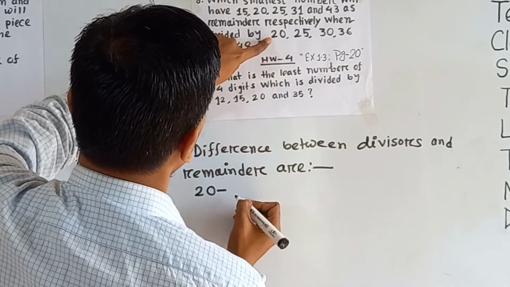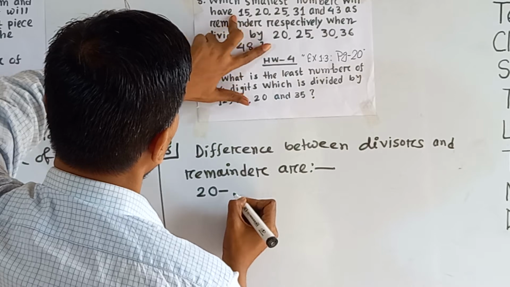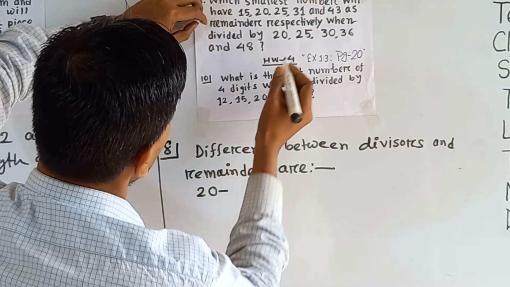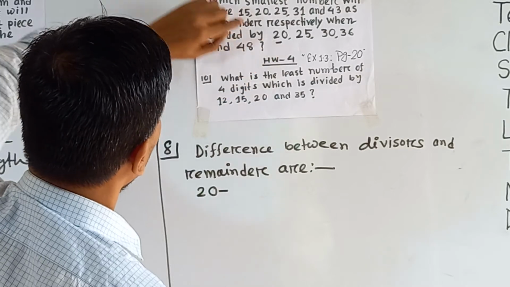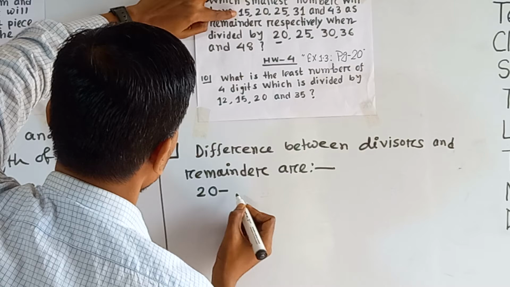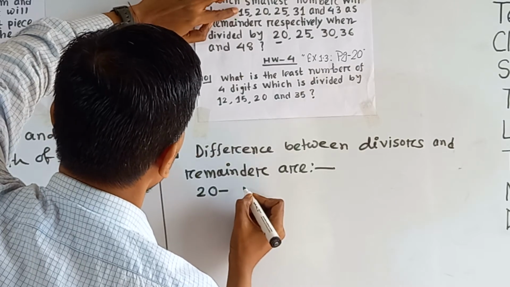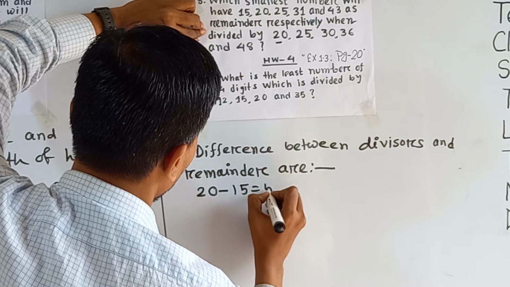Look, this is the first divisor, 20, and this is the first remainder, 15. Subtract 15 from 20, then you get 5.